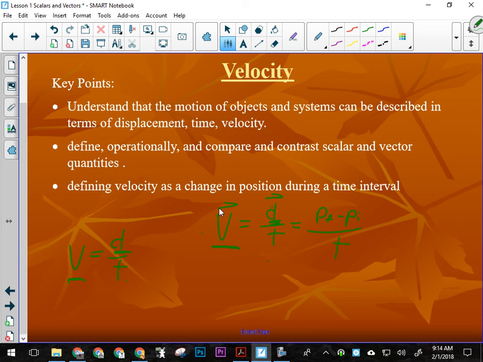Time is scalar. As far as our experience goes, time only goes one direction, and that is it rolls along. There's lots of theoretical physics out there that says time is a dimension just like anything else, and there are different ways to go in it, but we can't experience it that way yet. So for us, time is scalar.